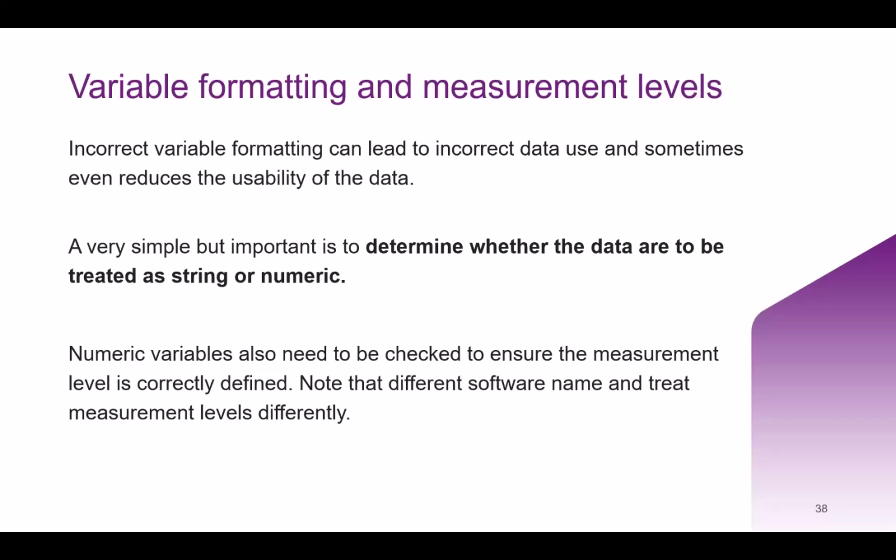So it is equally important to check that numerical values are assigned the correct measurement level. For example, a scale might be defined as ranging from 1 to 5, but occasionally errors occur. There may be values such as 6 or 7 that appear in the data due to entry mistakes. So identifying and correcting these issues is essential, as it allows you to quality check the data set properly and prepare a reliable archived version.